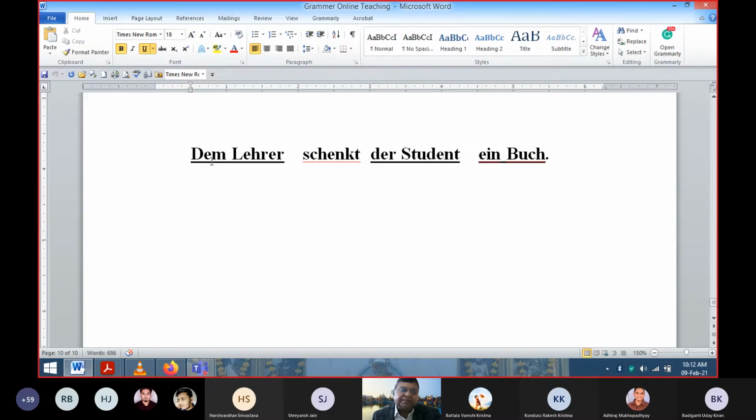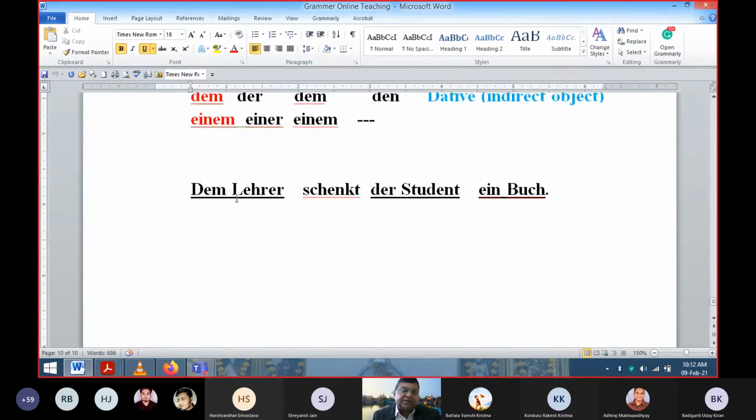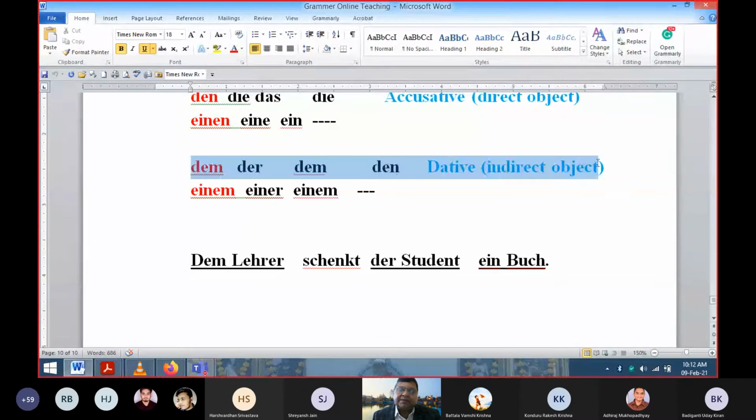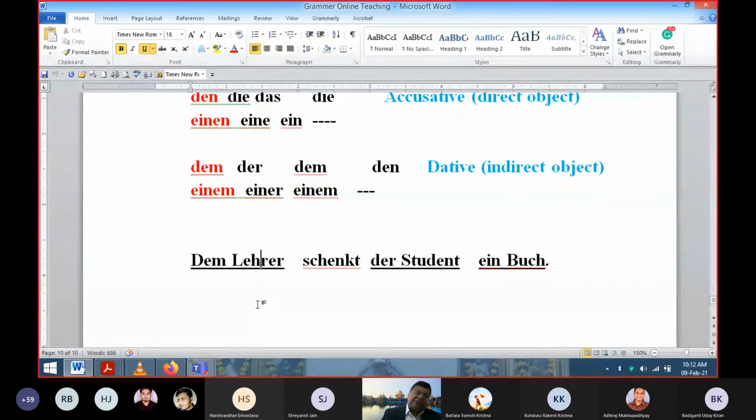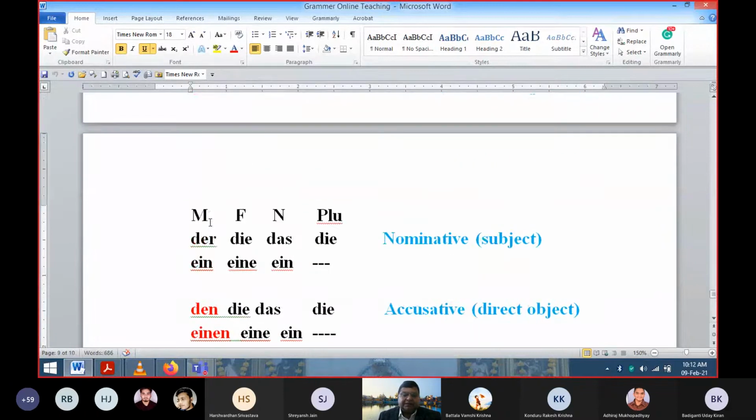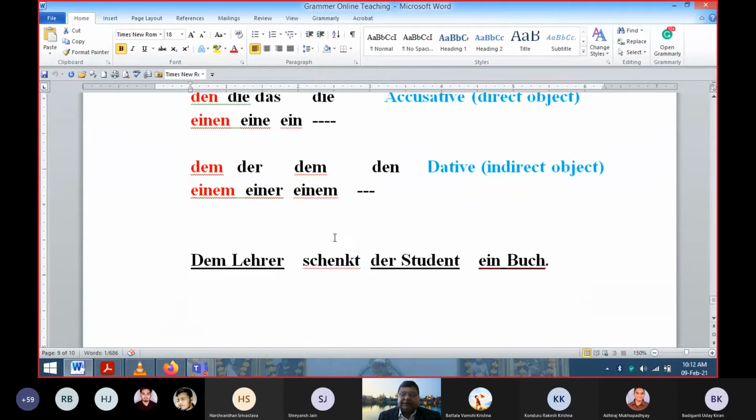Why will the meaning not change? Suppose I have put dem Lehrer in the beginning. That is not the subject, because the moment the article dem is there, it has to be the indirect object. The translation is 'to the teacher', and 'to the teacher' can never be the subject. The subject is then der Student, because der is there, and then ein Buch is the direct object, a book.